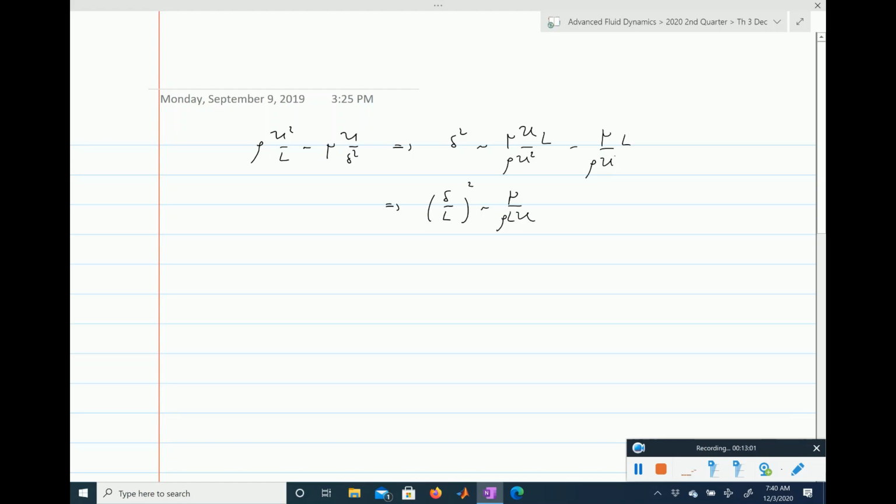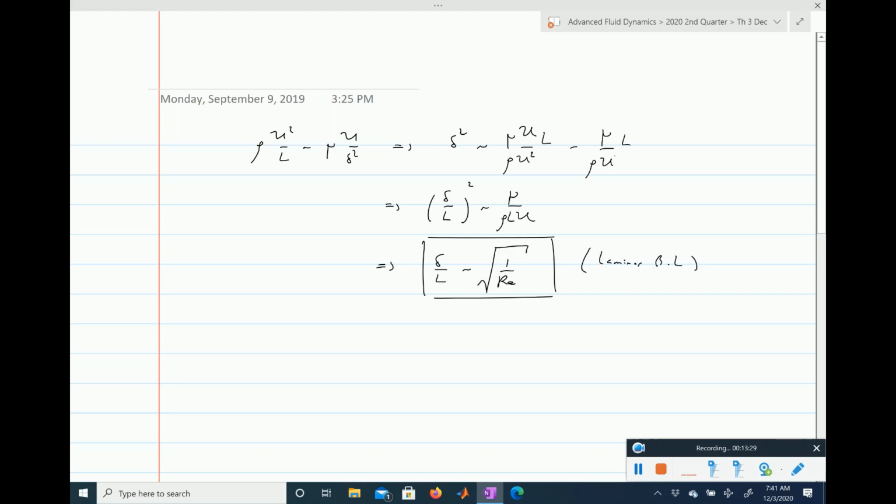So now we have our scaling. We simply need to take the square root, and notice that this number here is the inverse of our Reynolds number. And therefore we can write that the length scale of the boundary layer delta divided by L scales with the square root of 1 divided by the Reynolds number. This is our scaling for a laminar boundary layer.